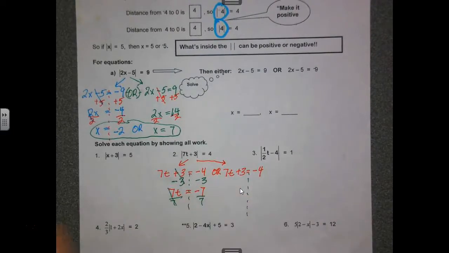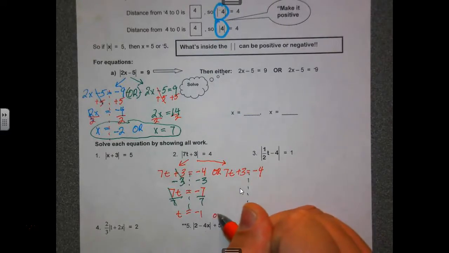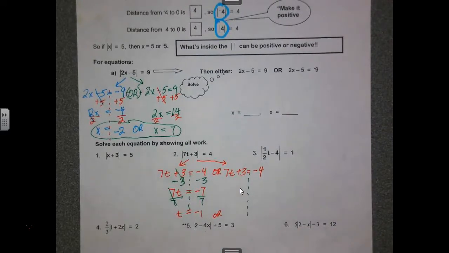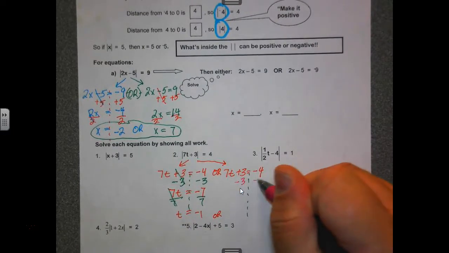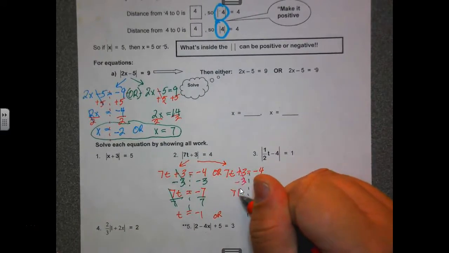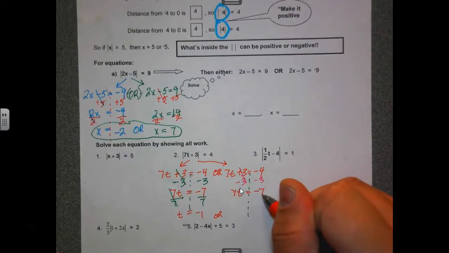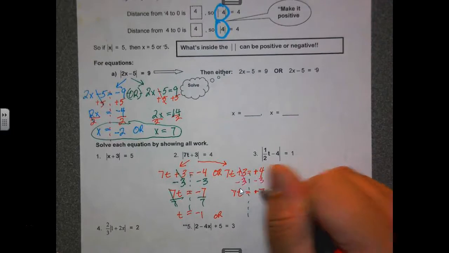And I get t equals negative 1. Or do the same thing with the other side. Subtract 3, 7t equals negative 7. No, there should be positive, right? Yeah. Should be positive 1.